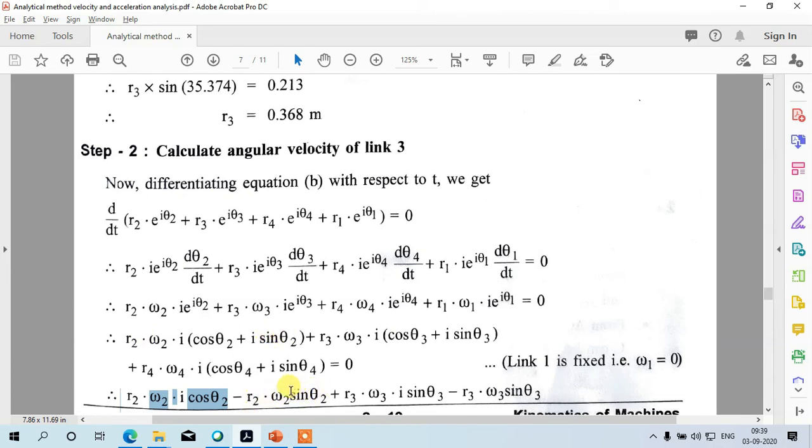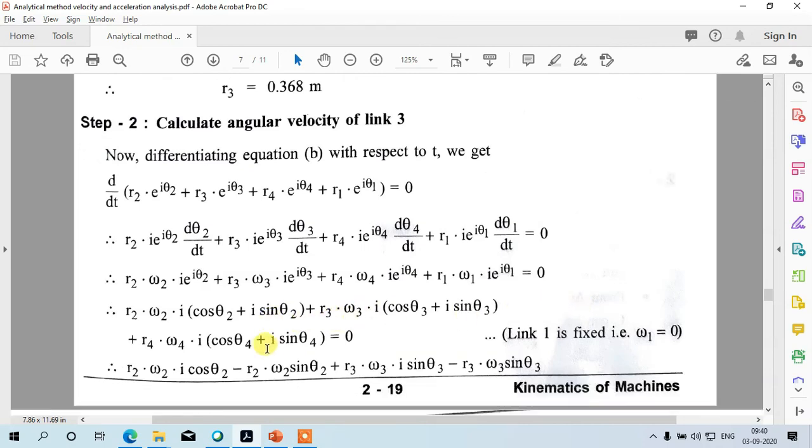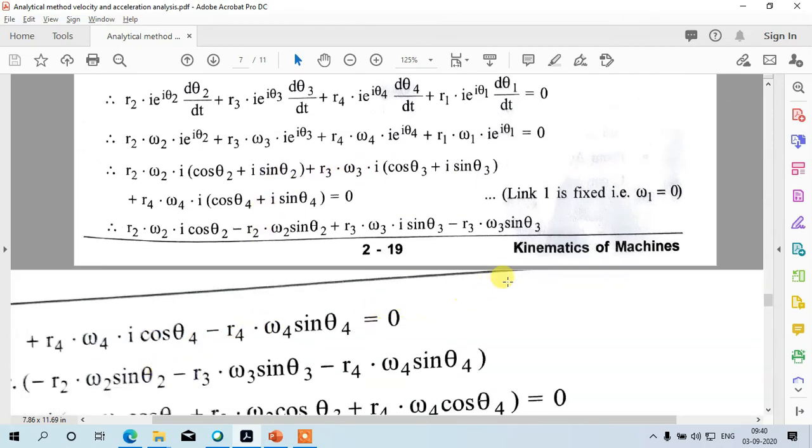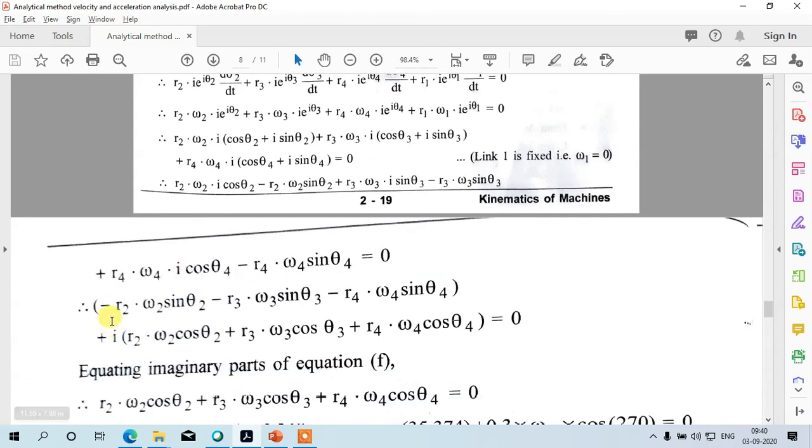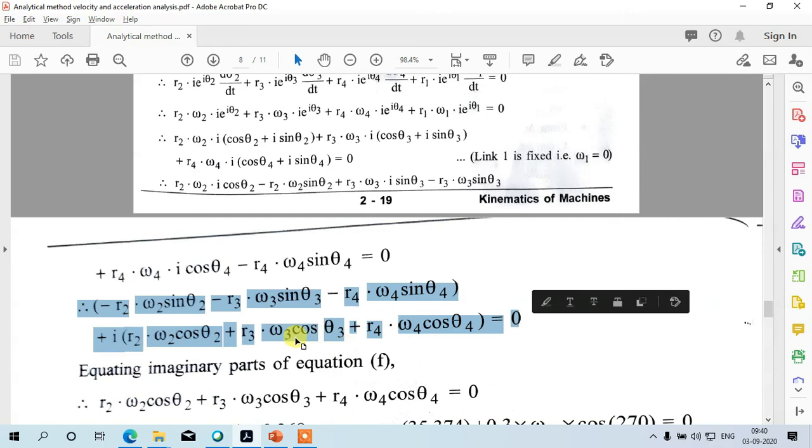Now I square is equal to negative 1, that is why we have used minus here. Likewise, open up all the brackets and you will get one equation like this. And this is our final equation after separating real and imaginary parts.